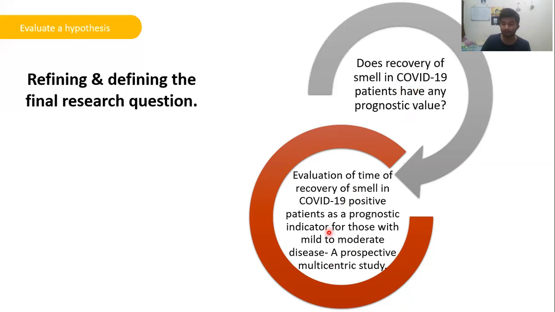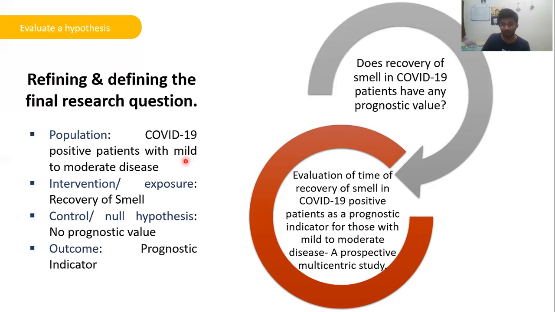Here I specifically mentioned that I want to see only mild to moderate disease. And I've also specified the type of study I'll be doing. It's a prospective study. Again, this is not its topic; it belongs to the types of studies topic, which will be taught later. So this is what a defined question looks like, and with this I can define the PICO.